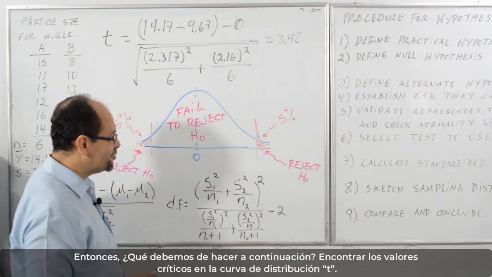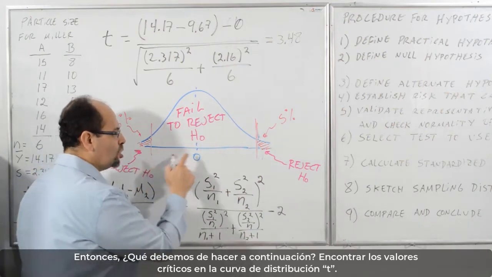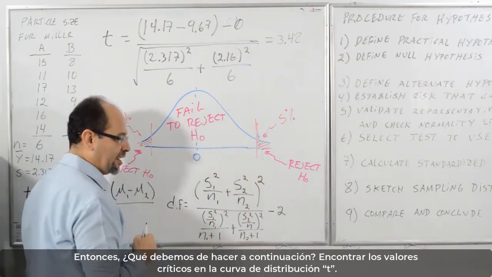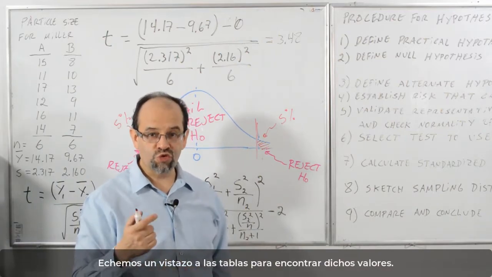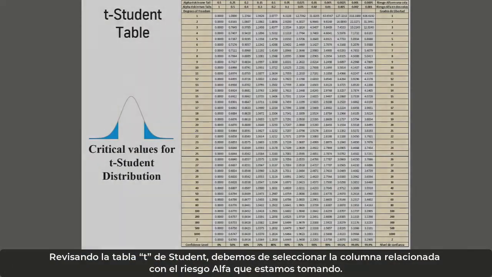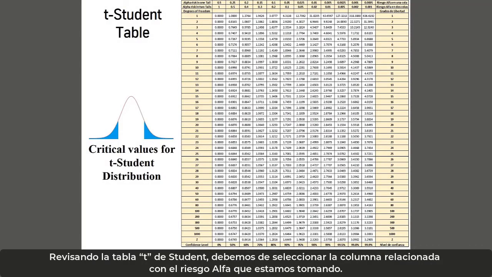So what I have to do is find out what these values are. Let's take a look at the tables to find those values. Taking a look at the t-student table, we have to select the column related to the alpha risk that we are taking.